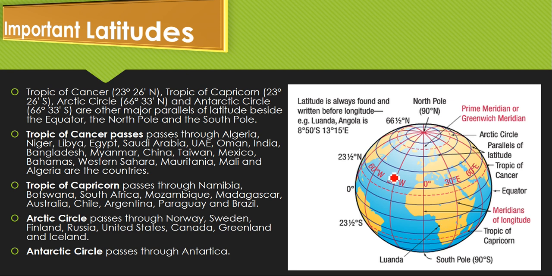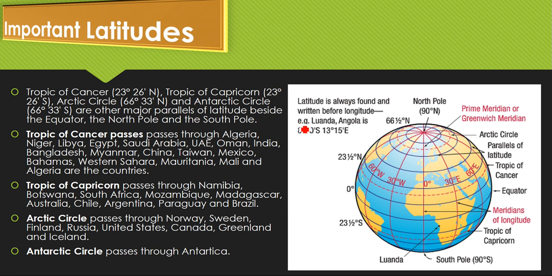We'll begin with the Tropic of Cancer. The Tropic of Cancer is 23 degree 26 minutes north, or you can take it as 23 degree 30 minutes north. You can see here it is given 23.5 degree north. Yes, you can see the red dotted line.